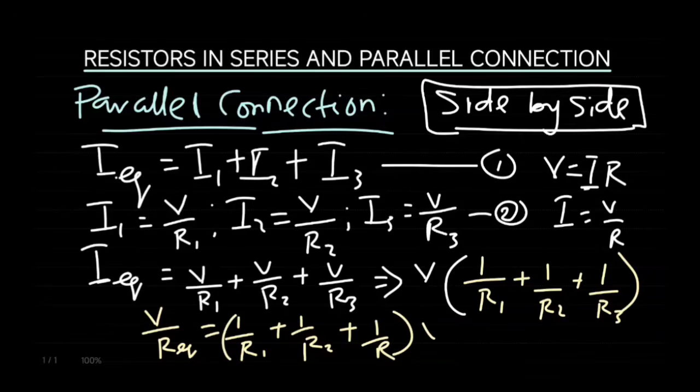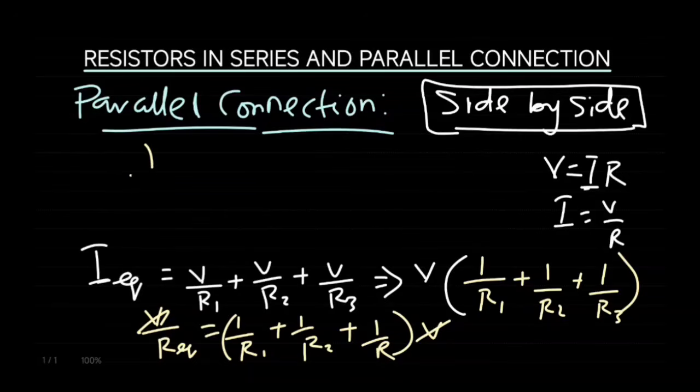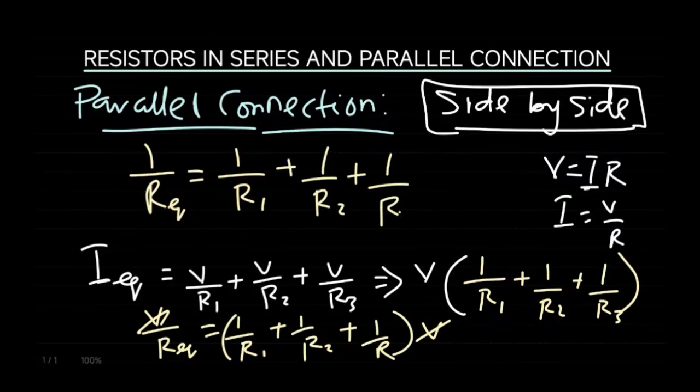My V will cancel V. What will be left? 1 all over R equivalent is equal to 1 all over R1 plus 1 all over R2 plus 1 all over R3 plus 1 all over Rn. Now this equation is called the resistor in parallel connection. Take note. So this is the resistor in parallel connection.